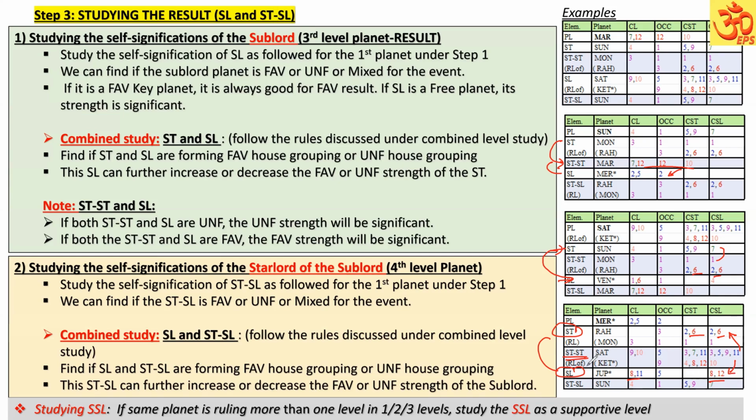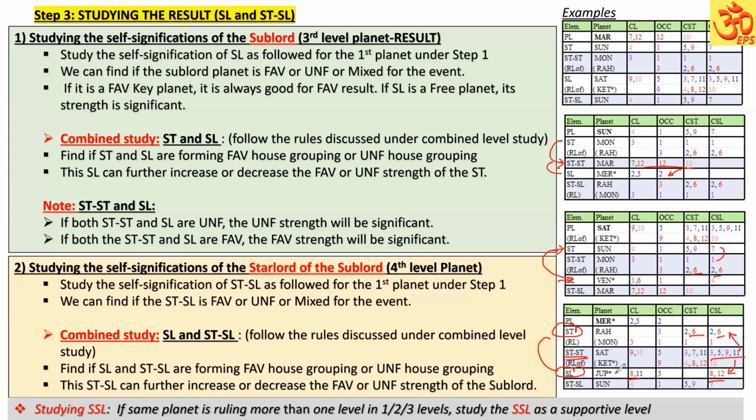If you take the star lord of the star lord and the sublord, the star lord of the star lord is favorable and the star lord's sublord is mixed. It means the favorable strength of the star lord is not further supported. But because the star lord is favorable, that star lord and sublord's unfavorable combination strength is getting reduced.